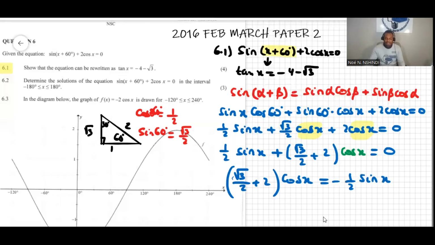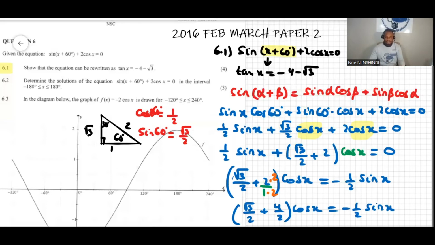This bracket we can write by finding the common denominator, because 2 is like 2/1. If I multiply by 2 to have the same denominator, it's going to be √3/2 plus 4/2, times cos x equal to negative 1/2 sin x.